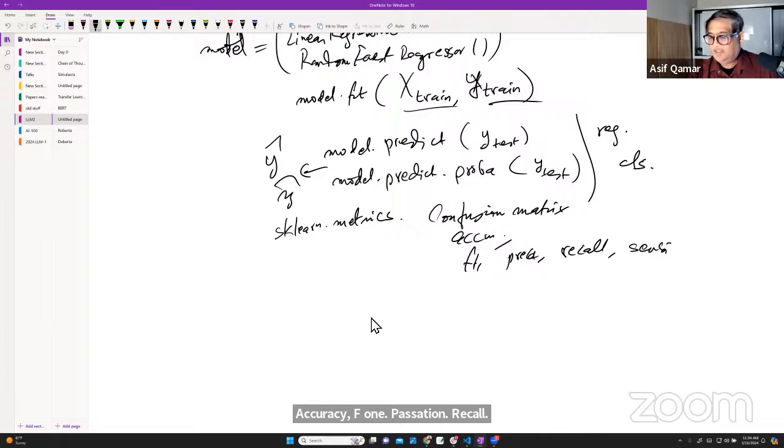By the way, I hope you guys read Sukhpal's wonderful article on why precision should be very particular. Don't ignore specificity. And then you have the ROC curve, area under ROC.